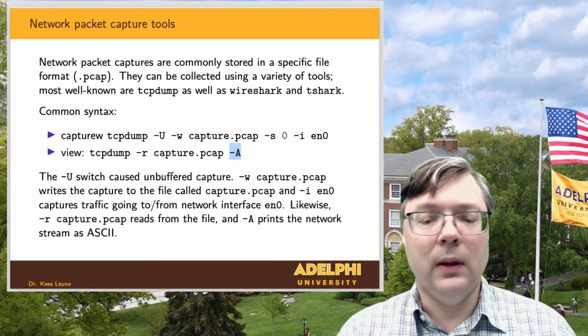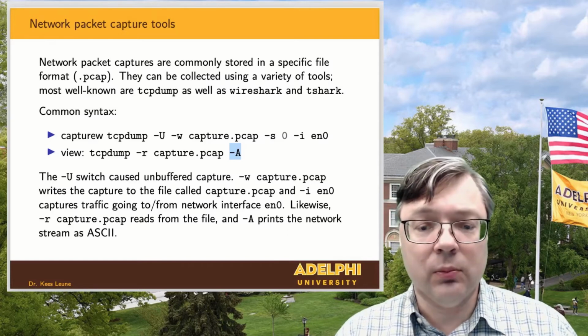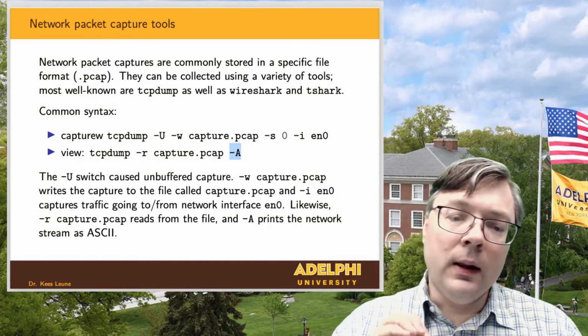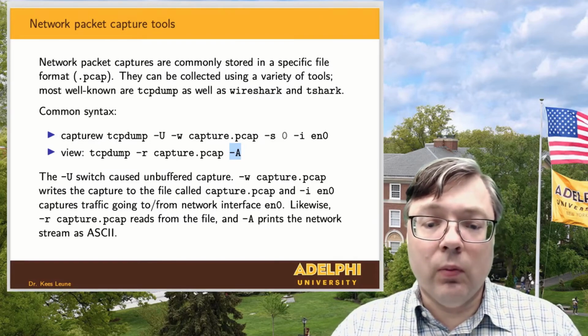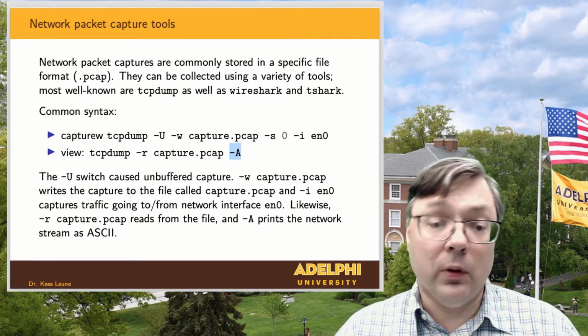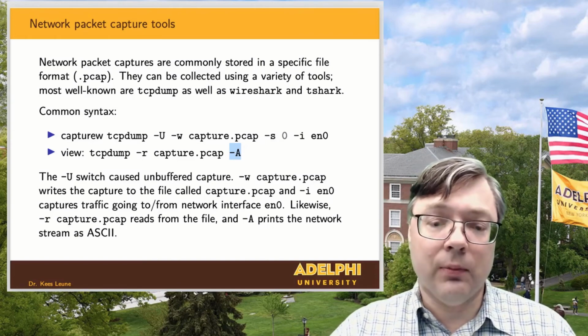And at that point, it won't print ASCII, it will print hexadecimal values instead. So you can still analyze it that way. Tcpdump is a very lightweight tool. It's also a very popular and widely distributed tool that's available on many different systems. So if you have it and you're able to access the interface, you're able to capture data.